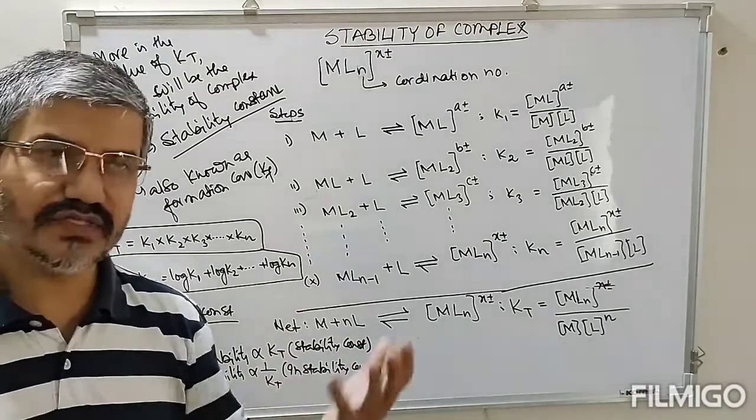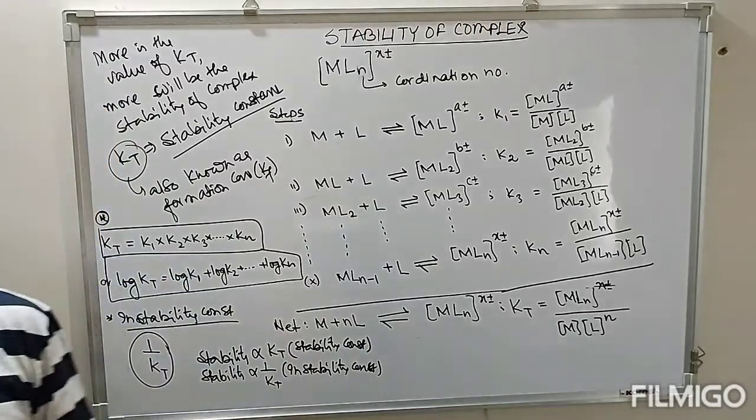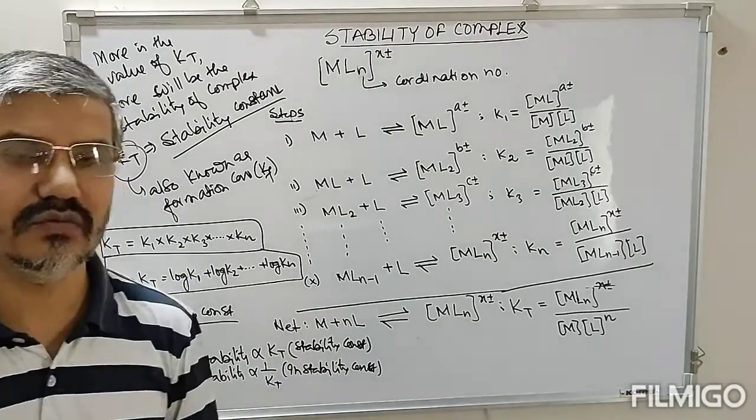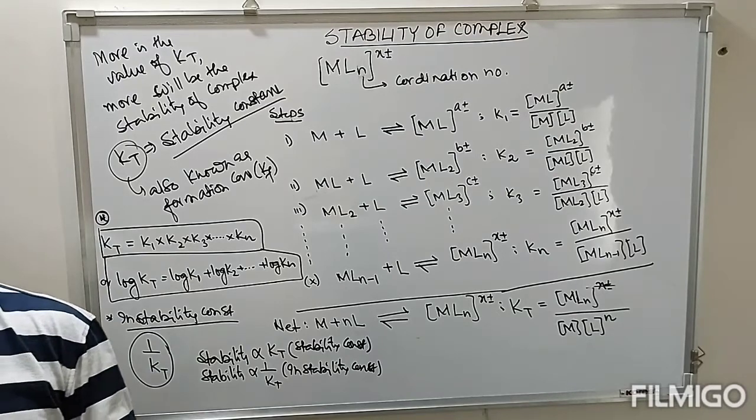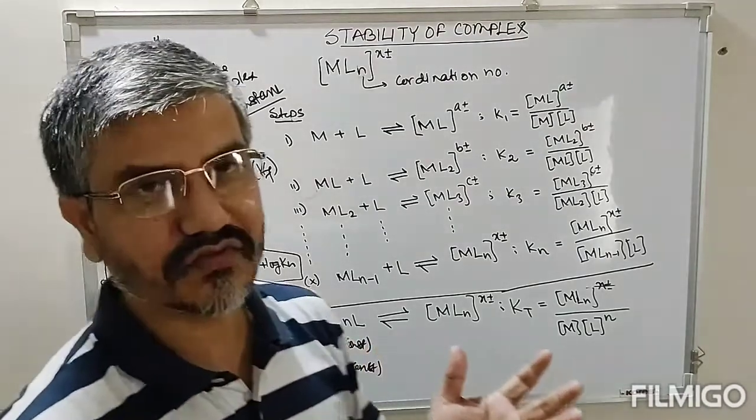Third, this also depends on the geometry of the complex. If you look at tetrahedral and octahedral complexes, the crystal field splitting energy in an octahedral complex is more than that of a tetrahedral complex.